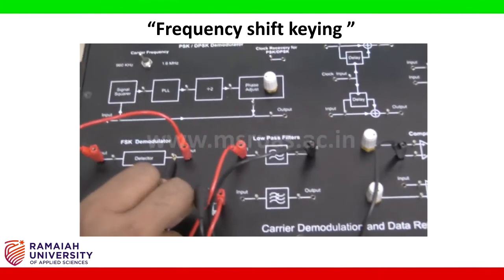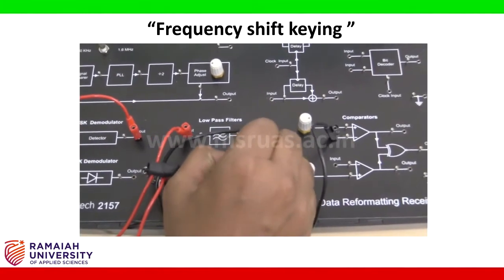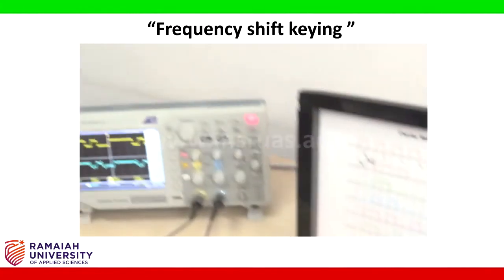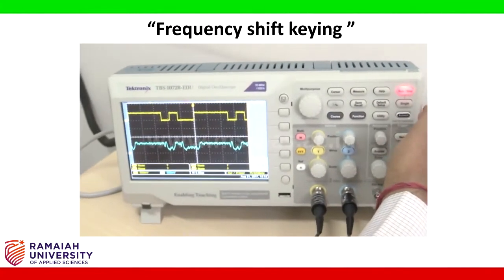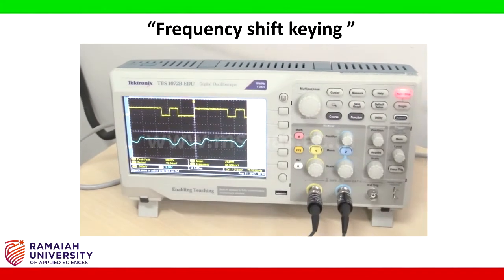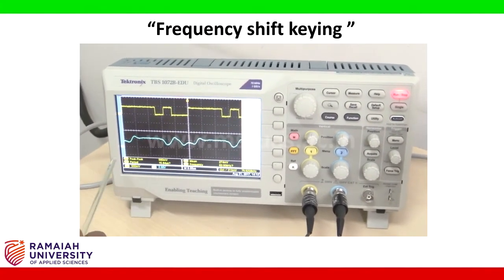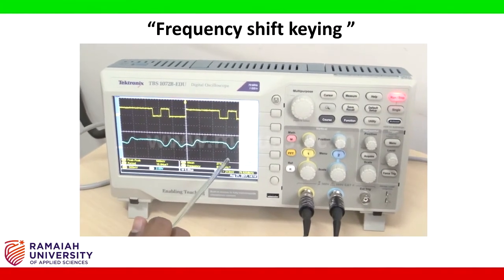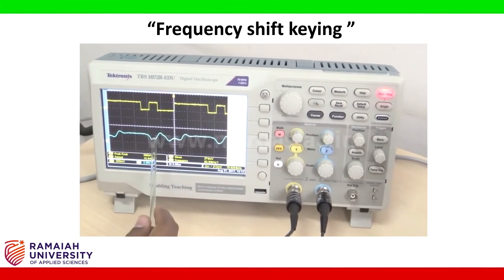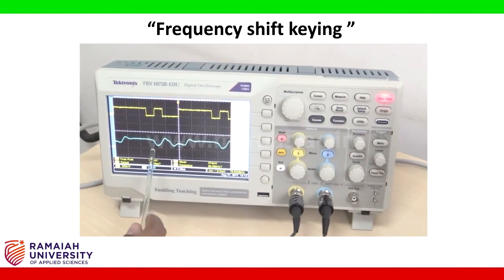Again here I am connecting the output of the low pass filter. So again you press the auto set and run and stop. Here you can see the smoothened envelope of the previous waveform, such that there is a high in the magnitude wherever the logic 1 is there, and low in the magnitude where logic 0 is there.